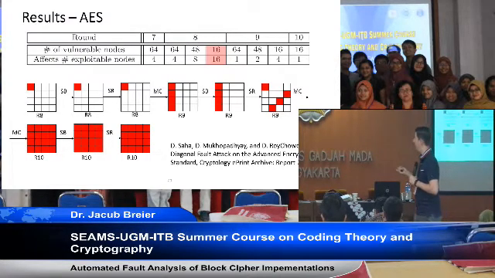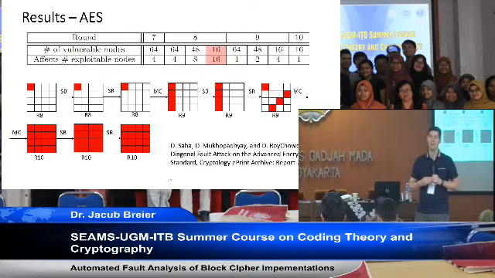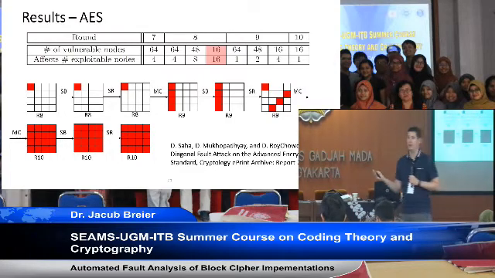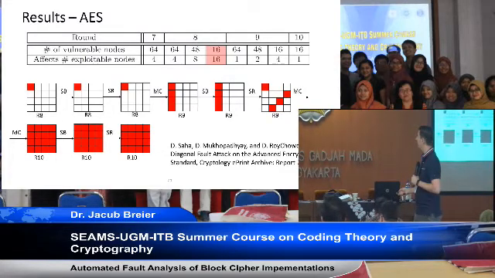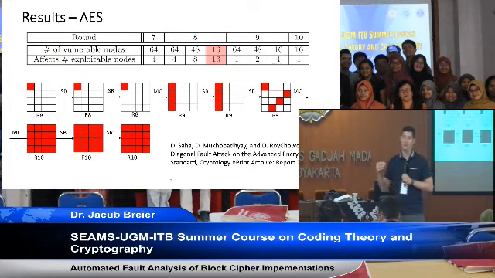As I mentioned before, here the MDS matrix actually helps to distribute the fault. So if we inject the fault in round 8, somewhere before the mixed columns, the mixed columns distribute this single fault into the entire column, and later the shift rows basically shifts the row in a way that there will be one faulty byte in each column.